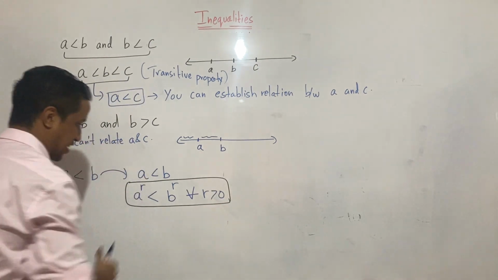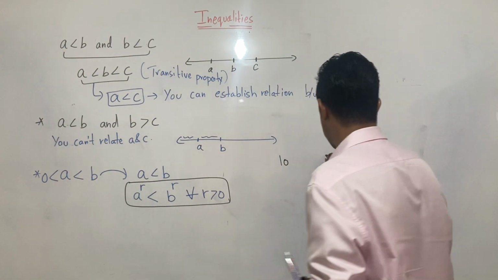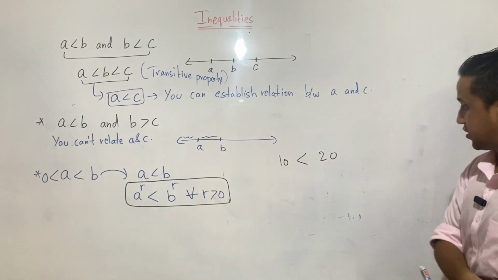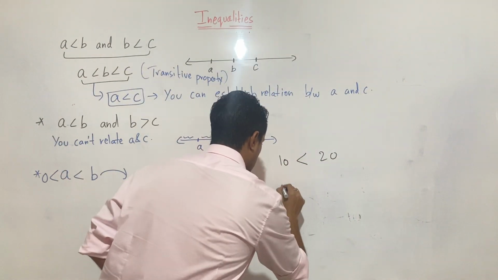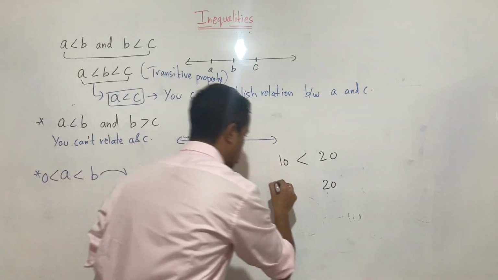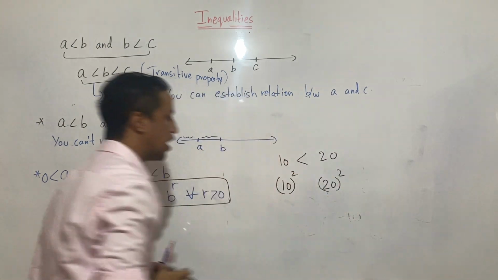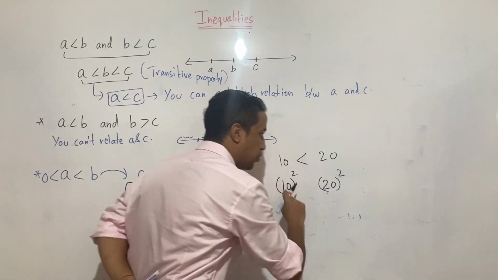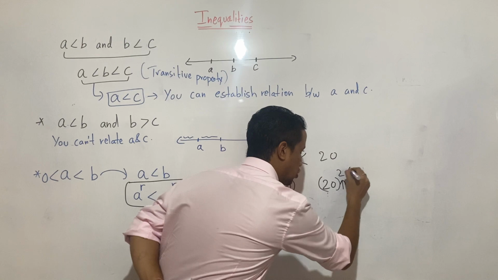Okay, let's take this case first. Let's say again 10, and here 20. Now here 10 is obviously less than 20. Now do one thing: raise the bases on both sides to the power 2. Now see here, we have a higher base, and we raised both bases to the same exponent, so this base is higher, so the overall value will be higher.